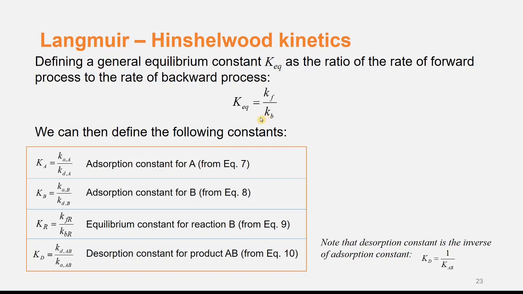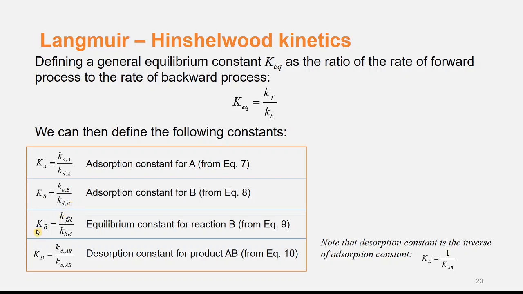By definition, an equilibrium constant is the ratio between the forward and the backward rate constants. Using this definition, we can write the equilibrium constants for each of the steps as follows. For the adsorption of A, the equilibrium constant is capital KA, equal to the rate constant for the adsorption of A divided by the rate constant for the desorption of A. We can define the equilibrium adsorption constant for B in a similar manner.